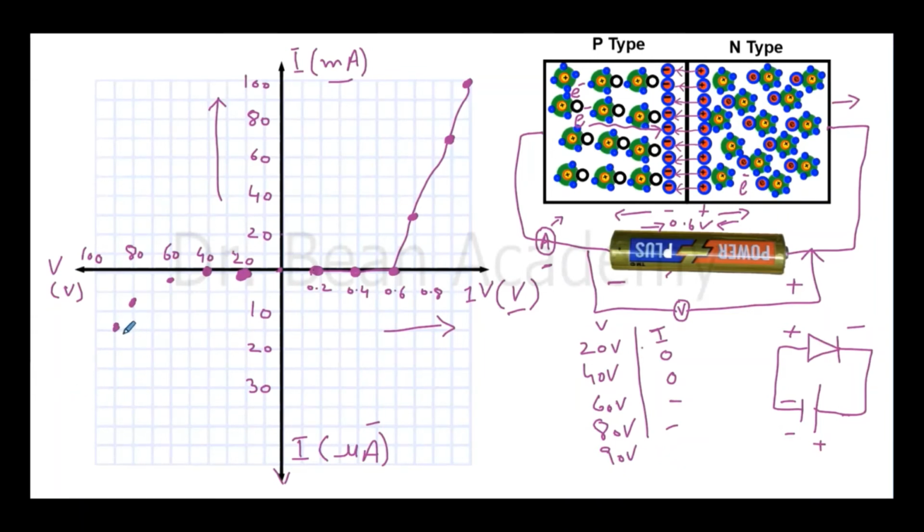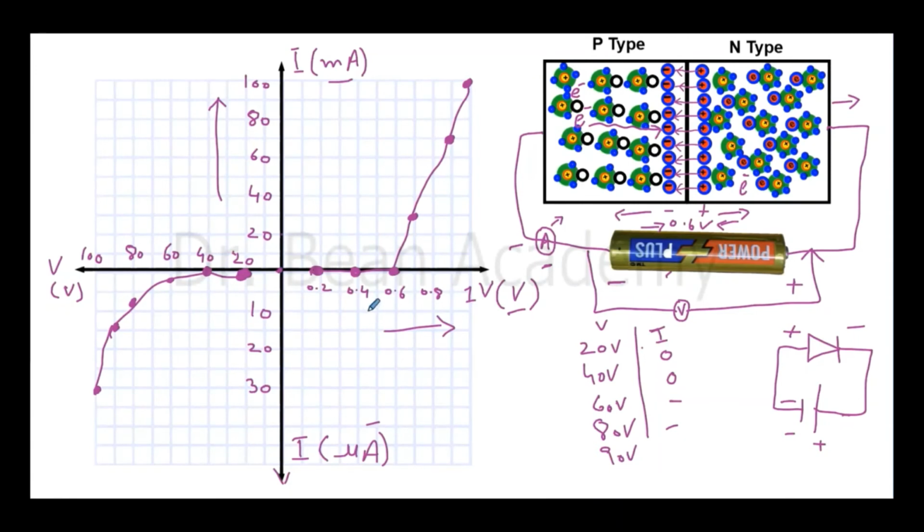And then at 100 volts, I might get a current value of about 30. And then I can connect these values with a straight line, and this is the graph of voltage versus current values. I apply a voltage across the PN junction and then I measure the corresponding current values. I make a table, I just draw the values, and here is the curve.